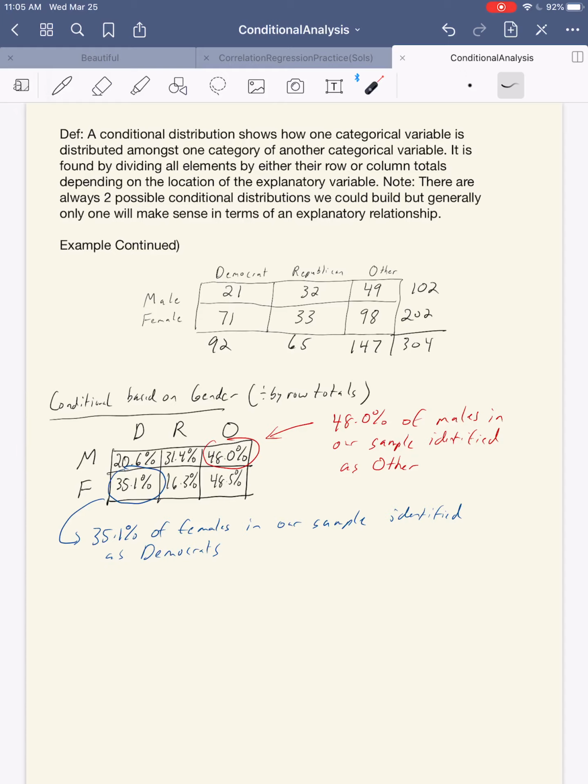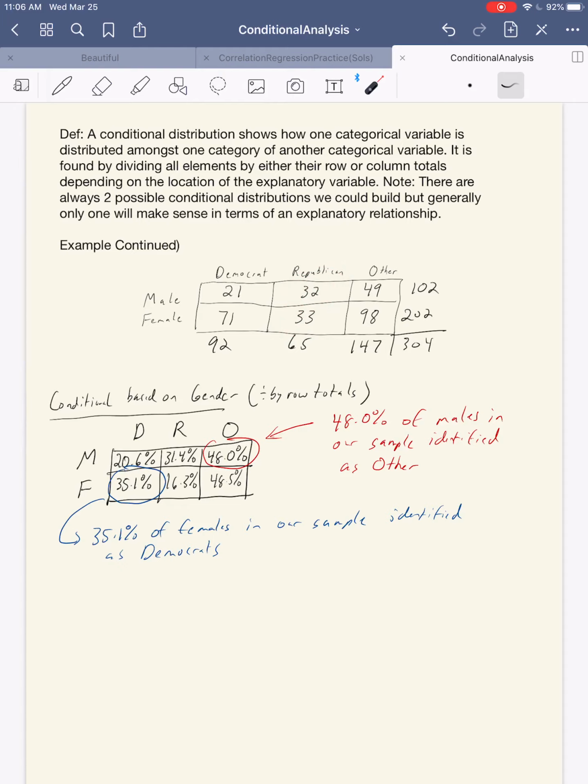All right, so there's our conditional based on gender. Why is the conditional so important? Well, notice that, as we mentioned here, females were unlikely to be Republicans, and certainly way more unlikely than males were. If you look back at the raw data, somebody might be confused by that and say, well, weren't there more female Republicans than male Republicans, 33 versus 32?